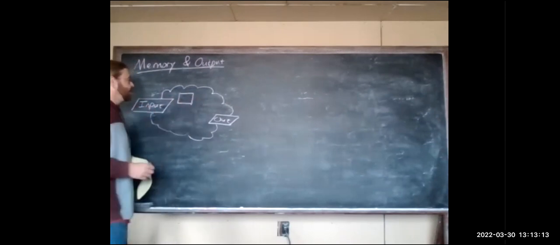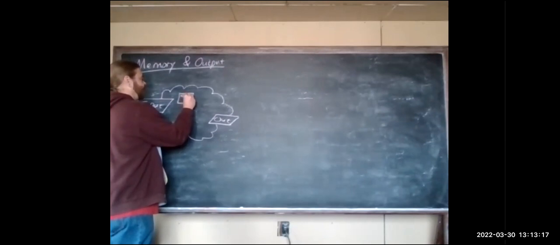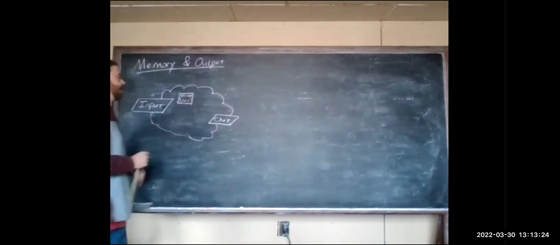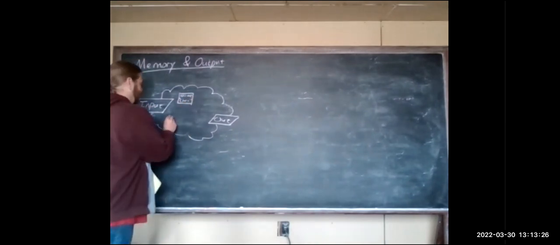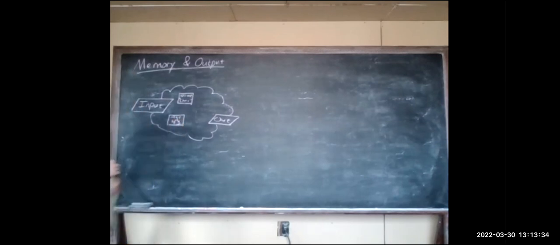We set up some variables. So I'm going to use mine. There was a name variable where I stored my name in there. Then I set up an age variable and stuck my age in there.